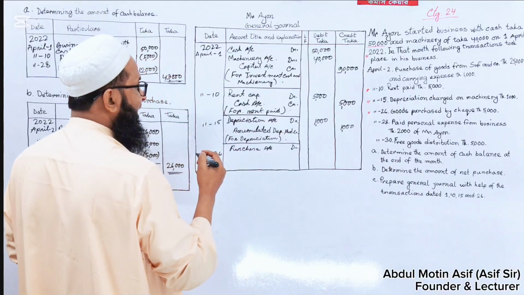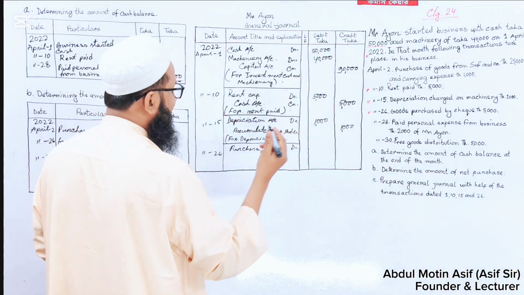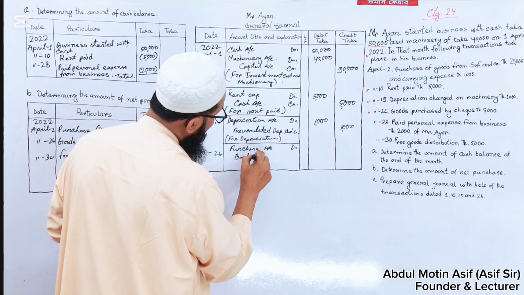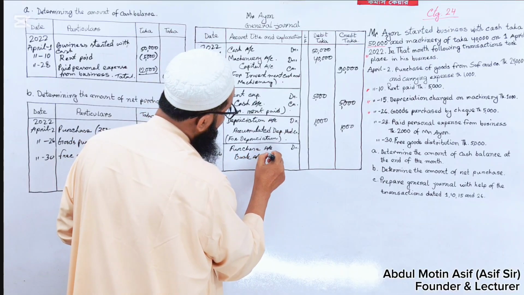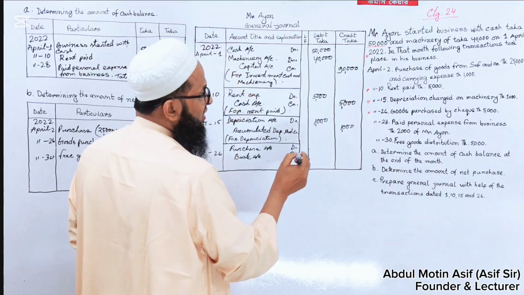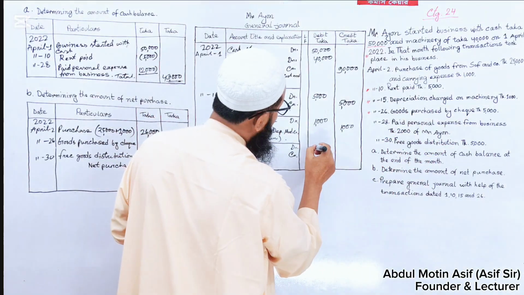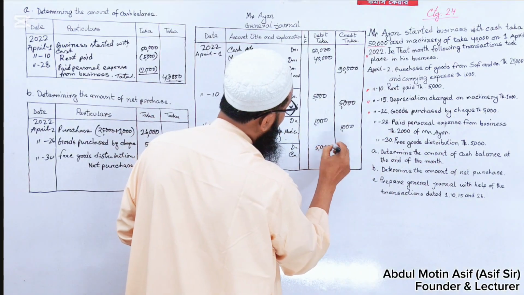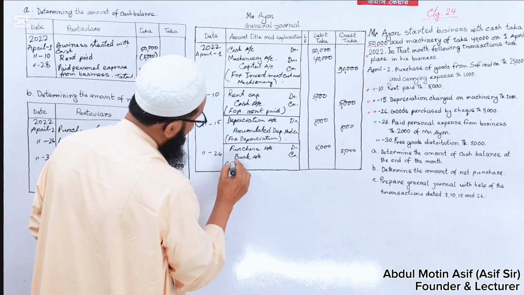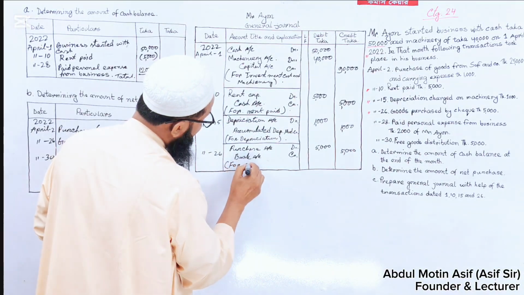For that, our bank asset decreases, credit. For that, bank account credit taka 5,000, for purchase by check.